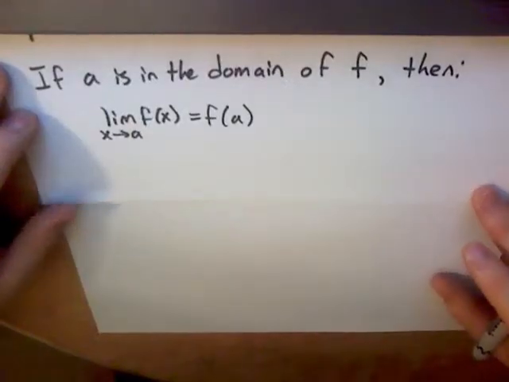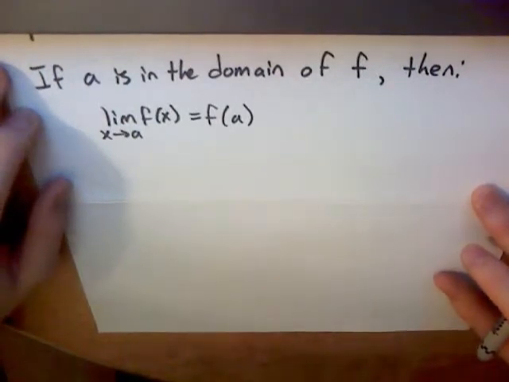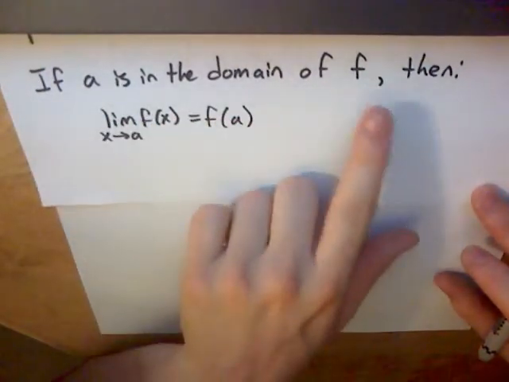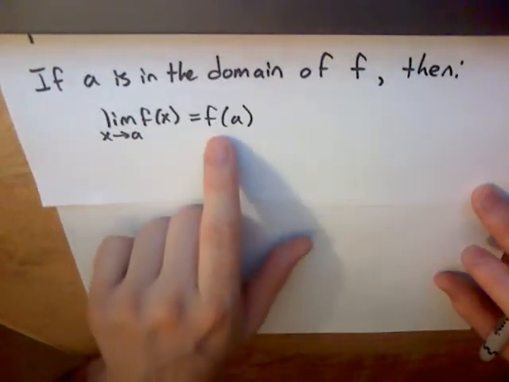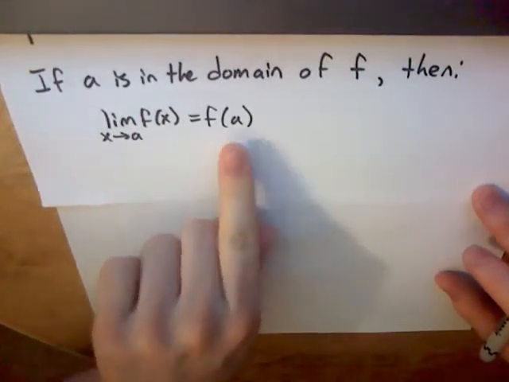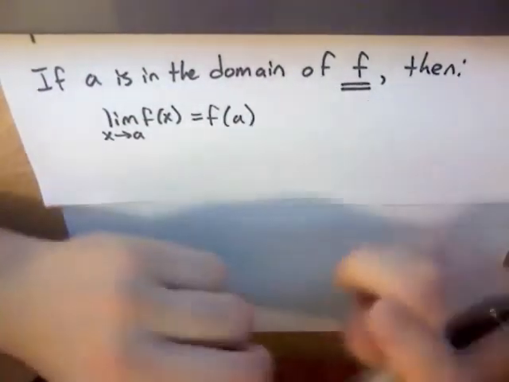I would hope by now that you are familiar with the direct substitution rule. If a is in the domain of f, then the limit as x approaches a of f of x is equal to f evaluated at a. But this is only true for very special f.